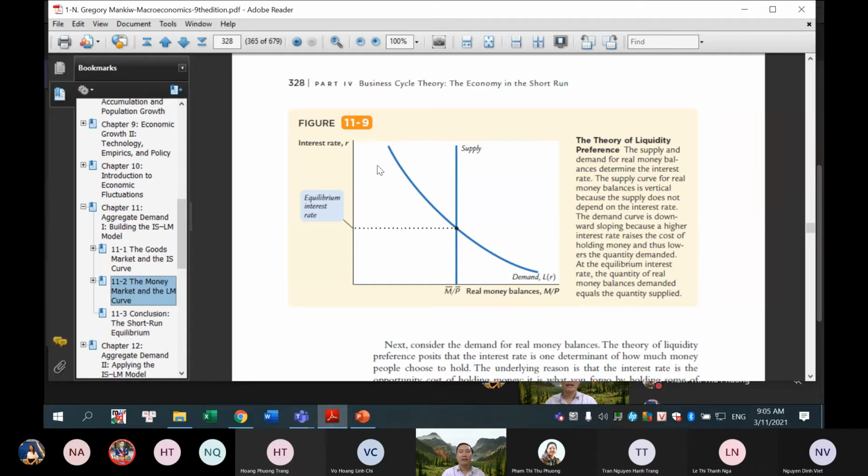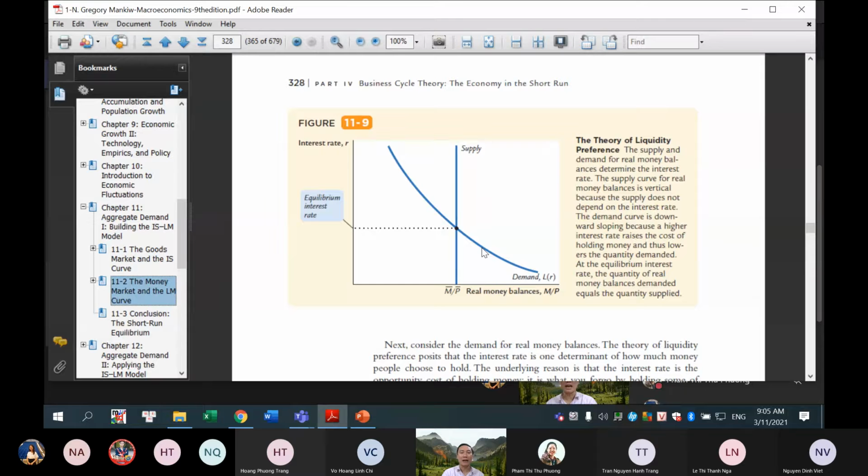It means that when the interest rate is so high, we want to hold a little amount of money. We want to put money in the banking system to earn interest income. But when the interest rate reduces to a low level, we want to hold more money in our pocket, because holding money is more convenient for transactions, for expected and unexpected transactions.